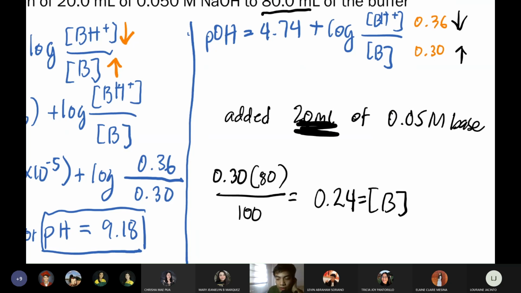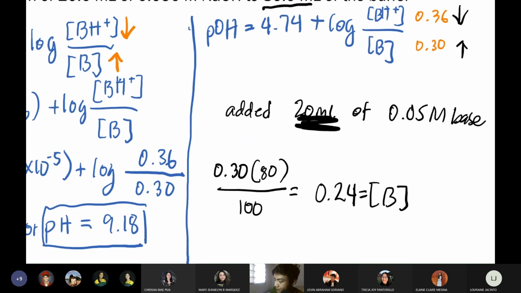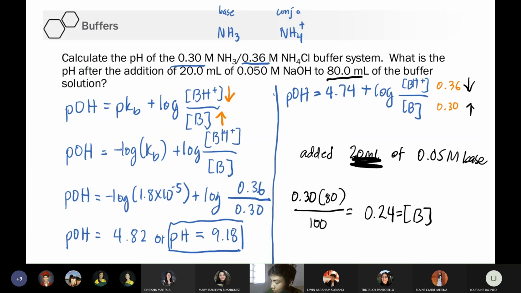Because of the dilution, naglagay tayo ng additional solution eh. So magbabago yung concentration niya. Okay? Let me erase this. Ay, hindi siya nabubura.